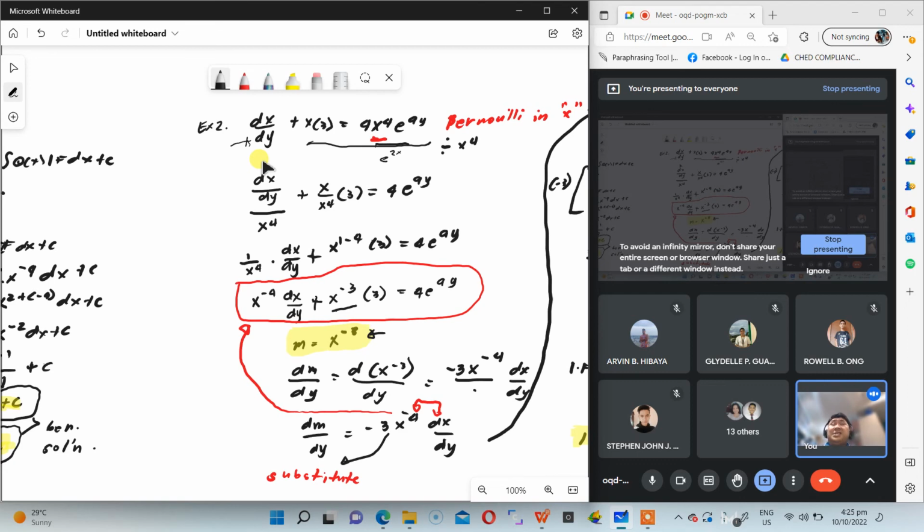A diagnostic exam is a preparation for your departmental midterm exam, so you can adjust. The departmental exam has the same coverage as your midterm exam: from the beginning until the last discussed topic. In our case, that is the Bernoulli differential equation.